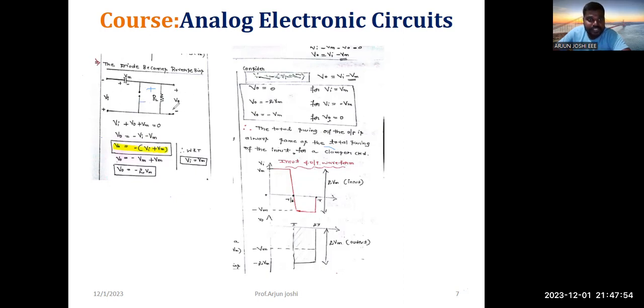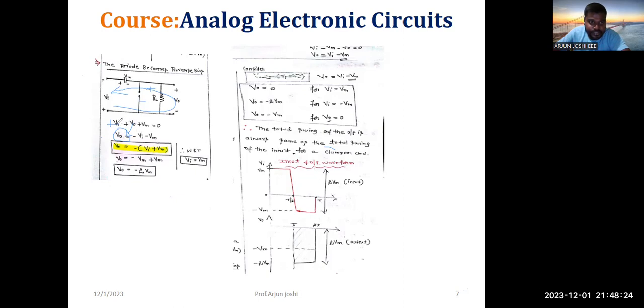During the open switch condition, please apply KVL here. You need to apply it from positive to negative. Positive, minus to plus, Vi. Next, minus to plus, V0, minus to plus, Vm, is equal to 0. I need only V0. V0 is equal to minus, just as it is, LHS is equal to RHS.